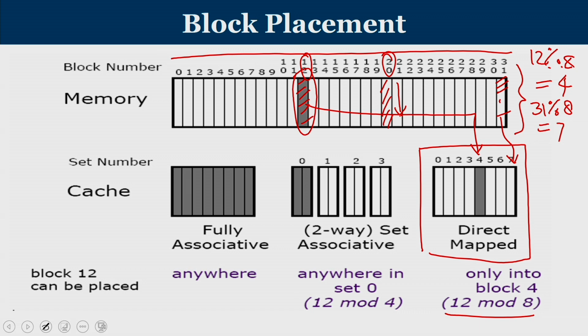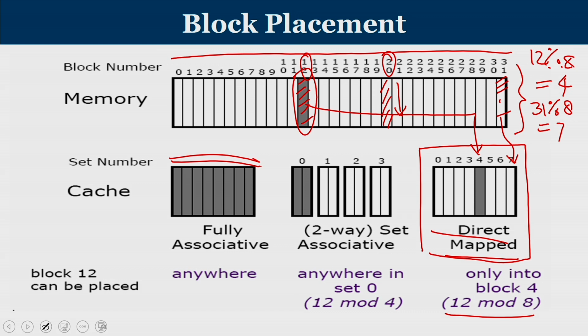Such kind of caches, where there exists a unique location for every main memory block, are known as direct mapped caches. So there exists a restriction on where you can place a block. On the other hand, if there is no restriction, I can keep 12 anywhere within the cache, that is known as a fully associative cache. Both have their own pros and cons.